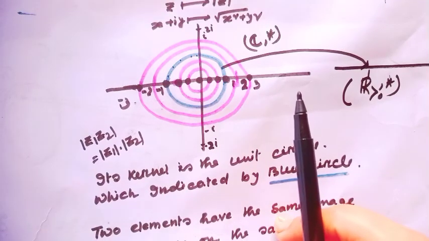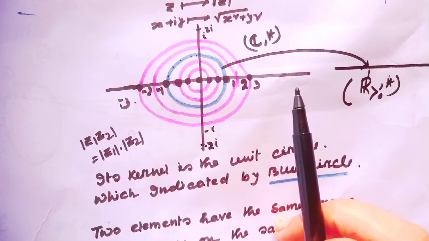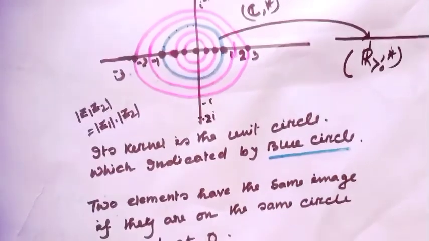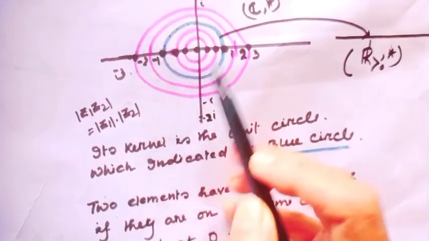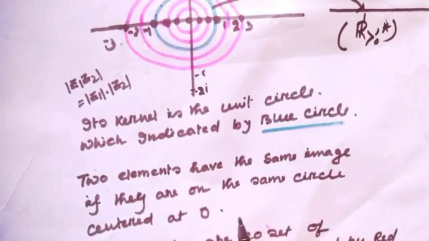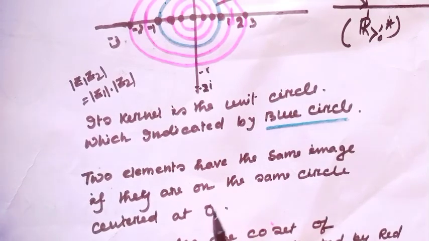Now you can ask me, what would be the image? Just think. Two elements of this red circle have the same image if they are on the same circle centered at 0.